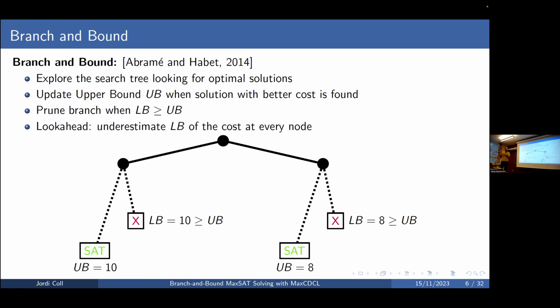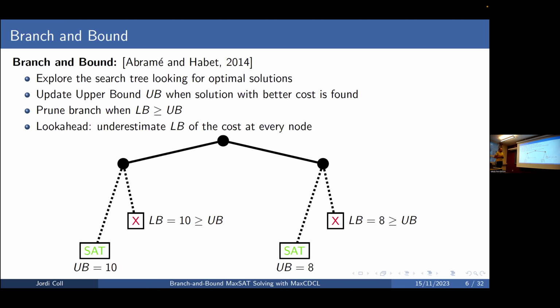Then they look further in the search space, do some backtracking, and maybe hit another branch where they detect that the cost of the current partial assignment is already equal to or larger than the best solution. So they prune this branch, backtrack, and continue the search. Maybe later on they will find another, better solution, and this process repeats until we find the optimal solution.